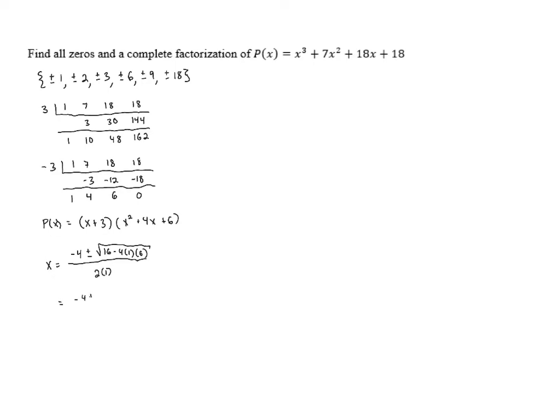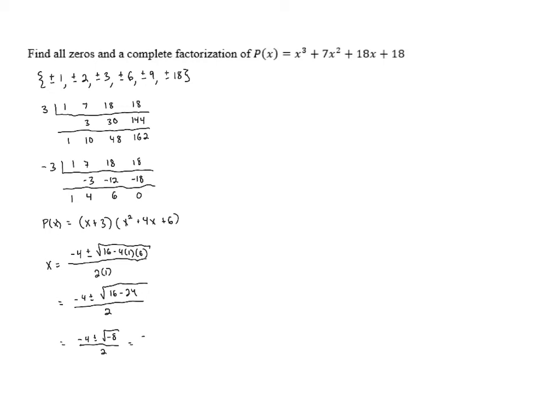Now, underneath that radical, this is going to end up being 16 minus 24, all over 2. Now, 16 minus 24 is going to give us -8.